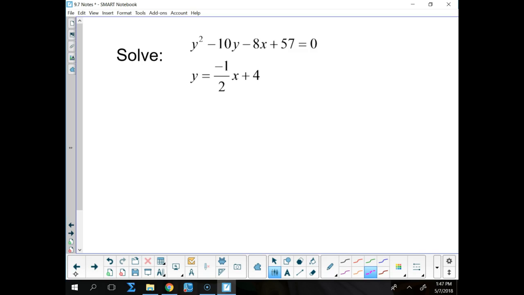So instead, if we're thinking outside the box, I'm going to solve this equation for x. So I'm going to multiply the entire thing by -2. If I multiply the entire equation by -2, I get -2y equals positive x minus 8.